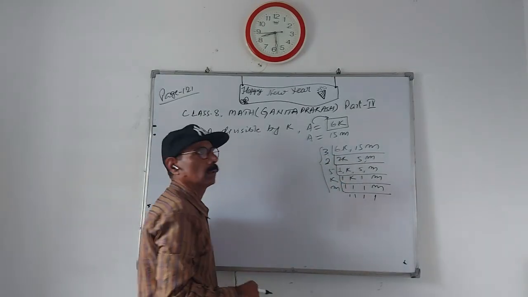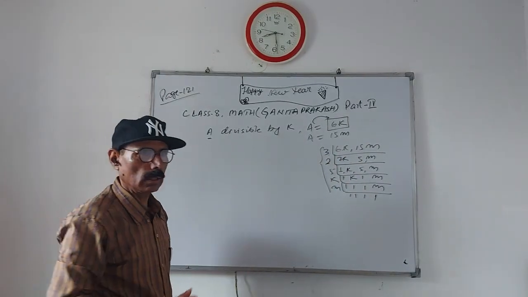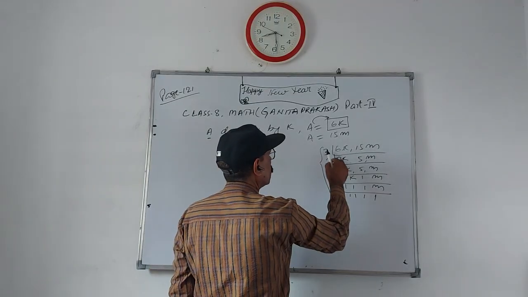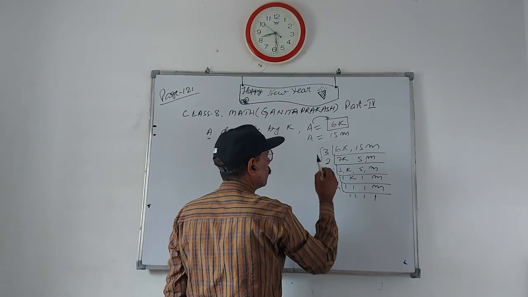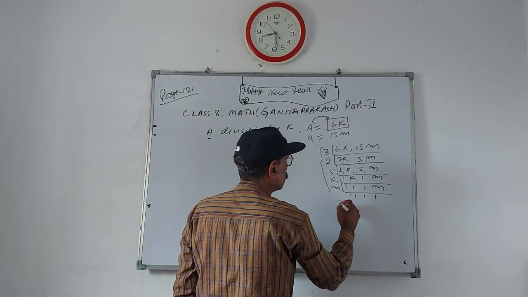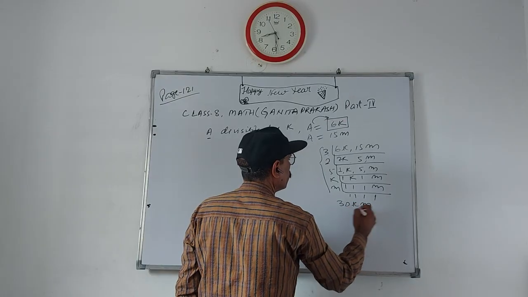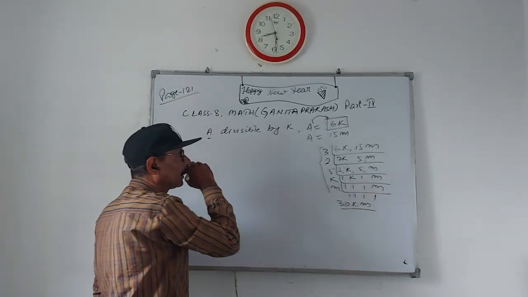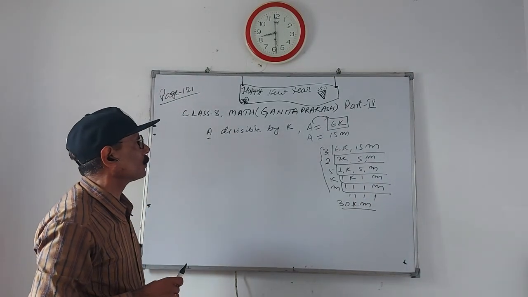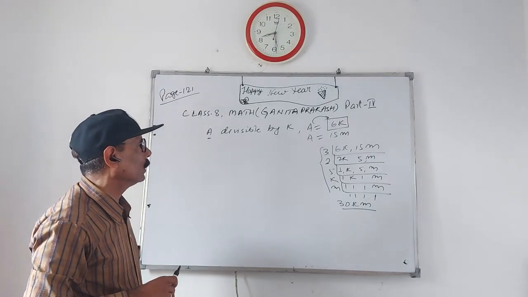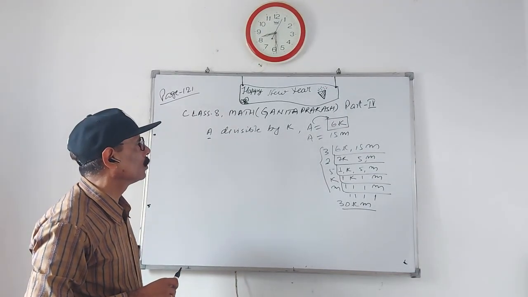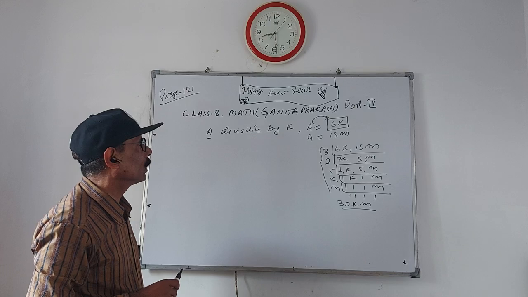These are the LCM factors. So the LCM is 3 times 2 is 6, 6 times 5 is 30KM. Then the LCM of these two numbers is 30KM.